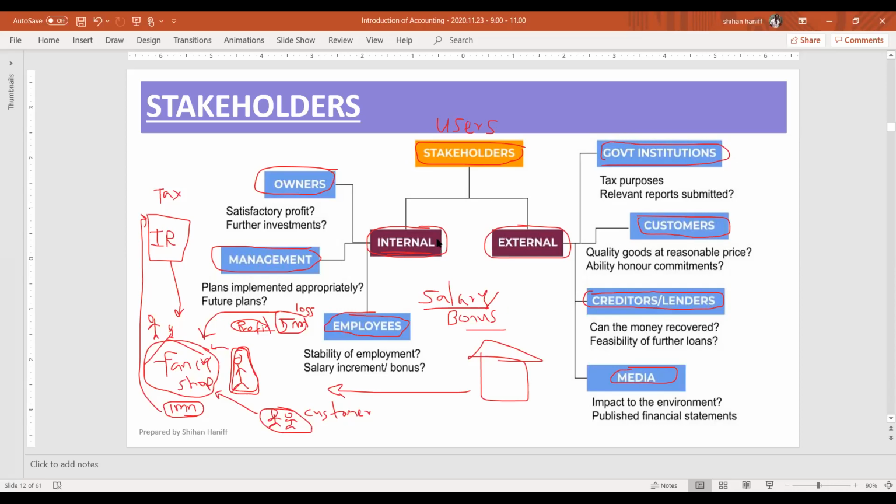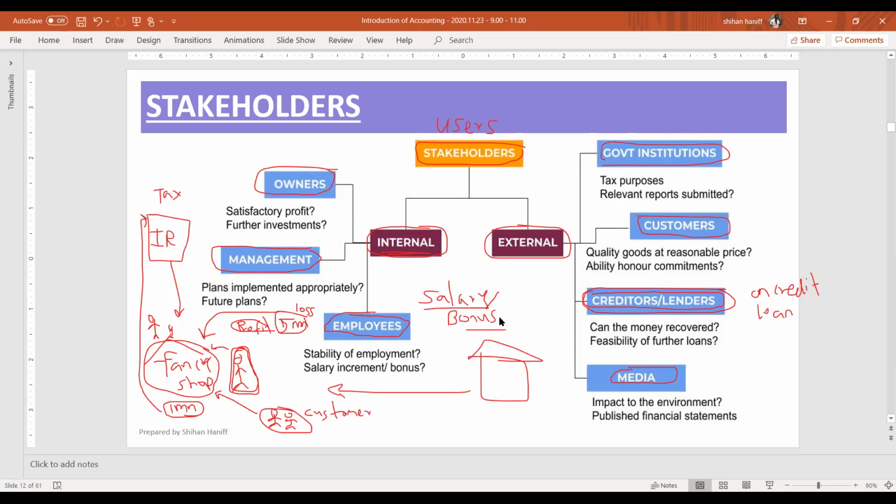So all these stakeholders will make their economic decision, which gives the best option available, because everyone has an opportunity cost. The supplier will think, okay, I am giving goods on credit. Or the bank will give loans to the business.